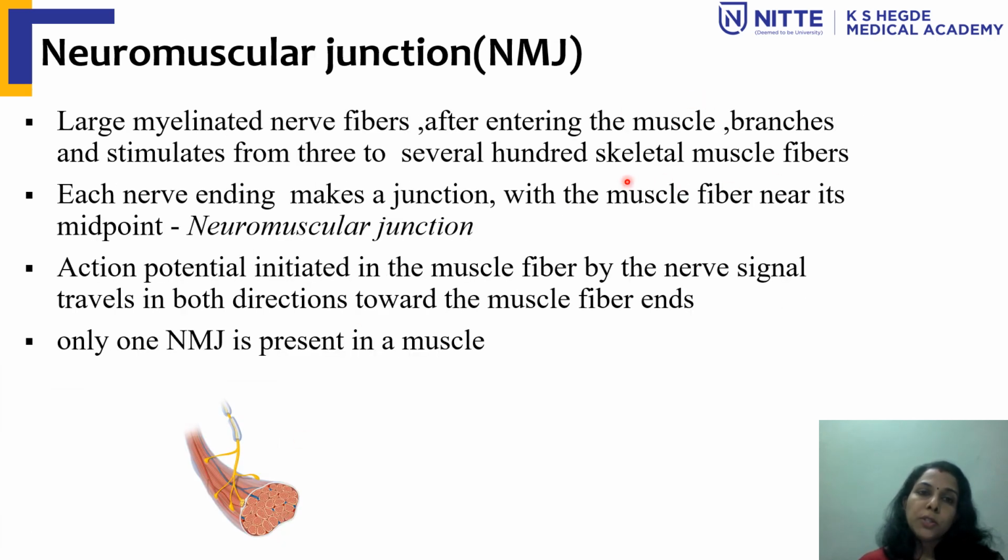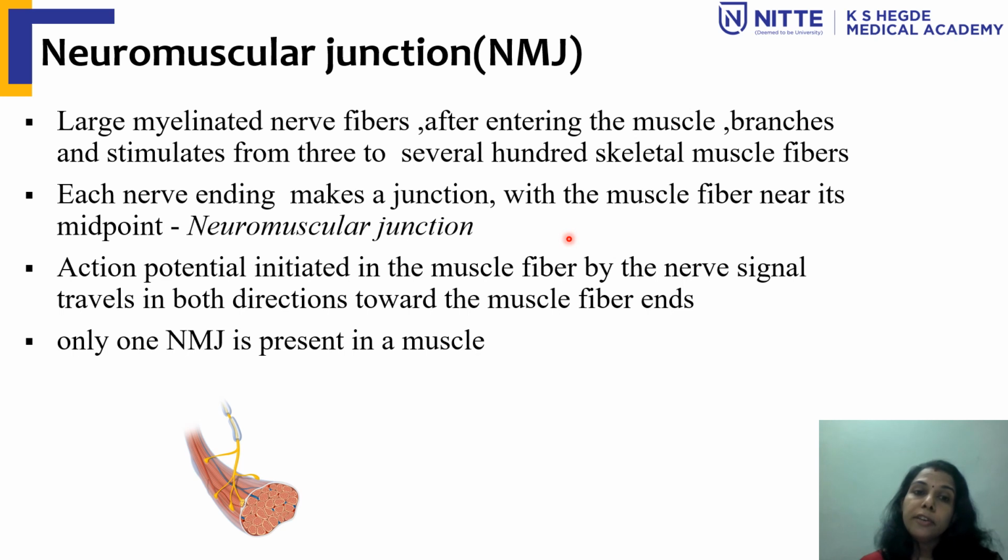Now about the neuromuscular junction. The skeletal muscle fibers are innervated by the large myelinated nerve fibers which originate from the upper motor neuron from the spinal cord. After entering the muscle, these myelinated fibers branch and stimulate from 3 to several hundred skeletal muscle fibers.